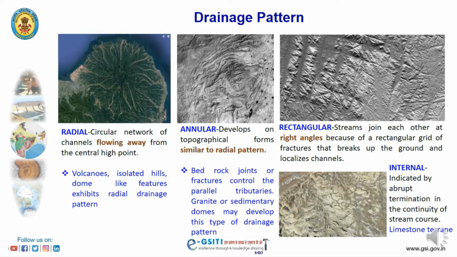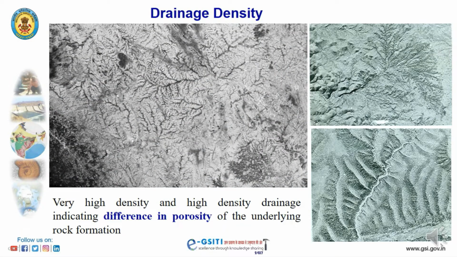Rectangular drainage pattern. Here, streams join each other at right angles because of a rectangular grid of fractures that break up the ground and localize the channel. Internal drainage pattern is indicated by abrupt termination in the continuity of the stream course. Drainage density.